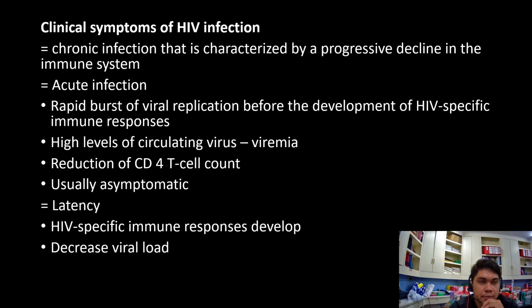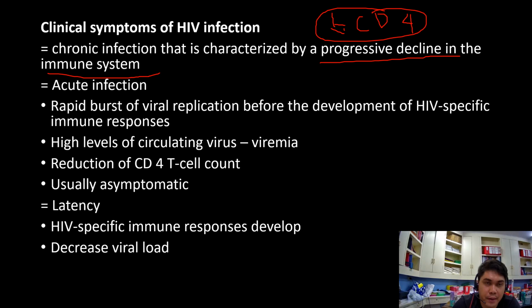Okay, so clinical symptoms of HIV infection. Regarding HIV, it's a chronic infection that is characterized by a progressive decline in the immune system, and it's due to the decrease in CD4 positive cells. And regarding T helper cell, it is responsible for the production of interleukin 2, which is important in antibody production and activation of your CTL.